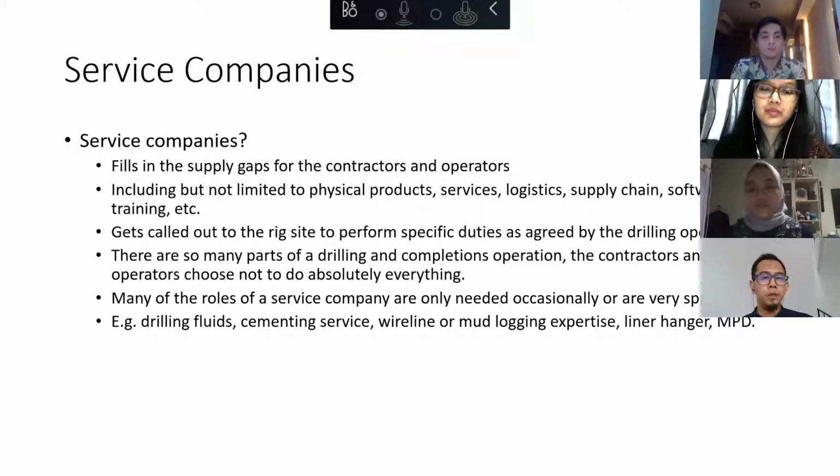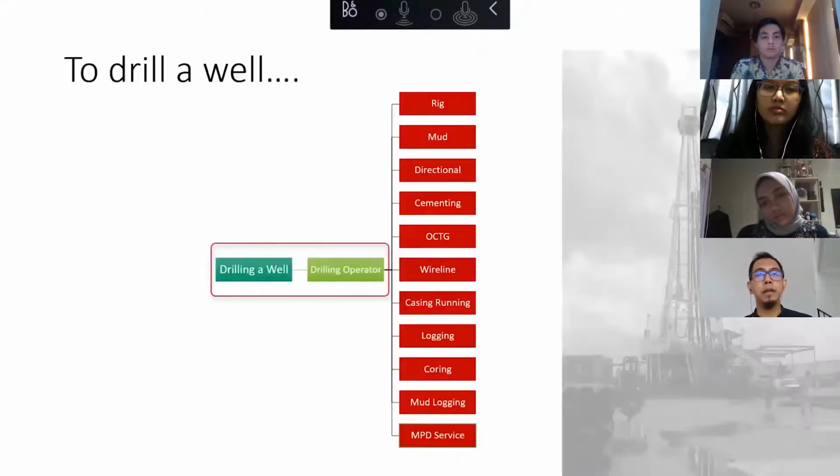For example, drilling fluids, where there is a specific company that focuses on drilling fluids, cementing services, wireline, or mud logging service expertise, and liner hanger, managed pressure drilling, underbalanced drilling. So there are a lot of service companies that focus on specific areas.